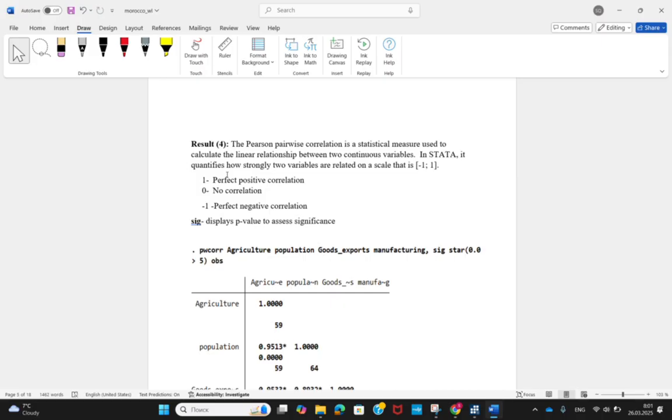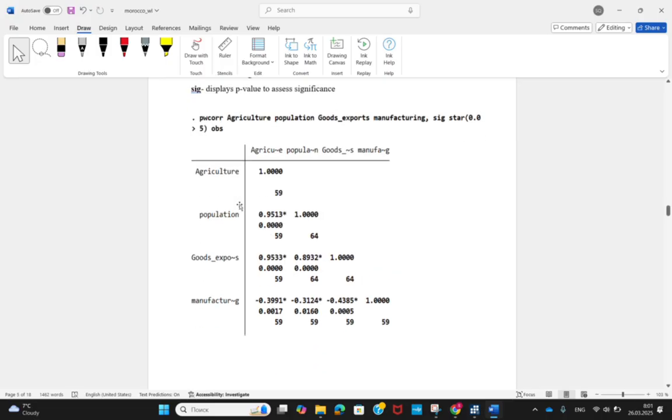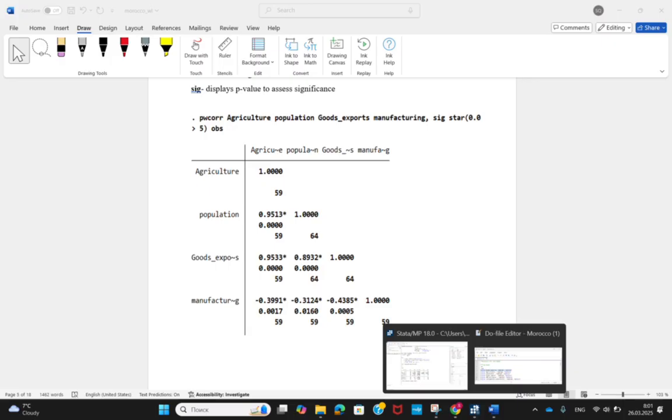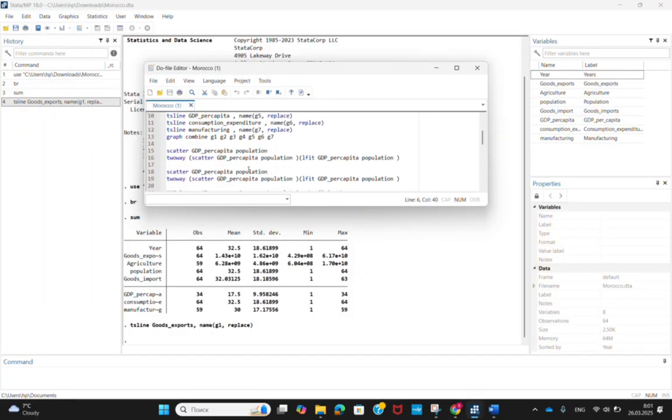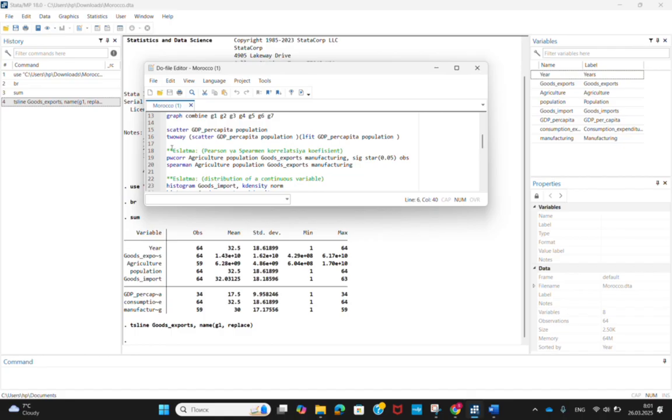In Stata, it quantifies how strongly two variables are related on a scale calculated between -1 and 1. 1 is perfect positive correlation, 0 is no correlation, -1 is perfect negative correlation. This is the comment on the scatter plot and fitted value.